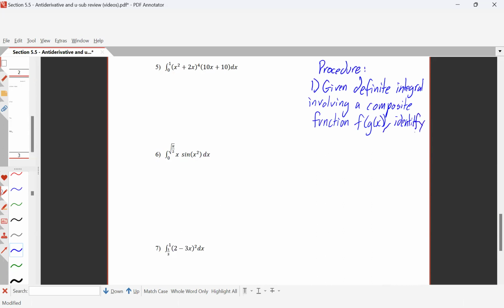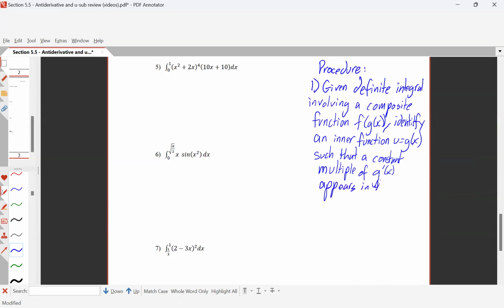So same first step. We want that inner function to be such that a constant multiple of g prime of x, so a constant multiple of the derivative, appears in the integrand.